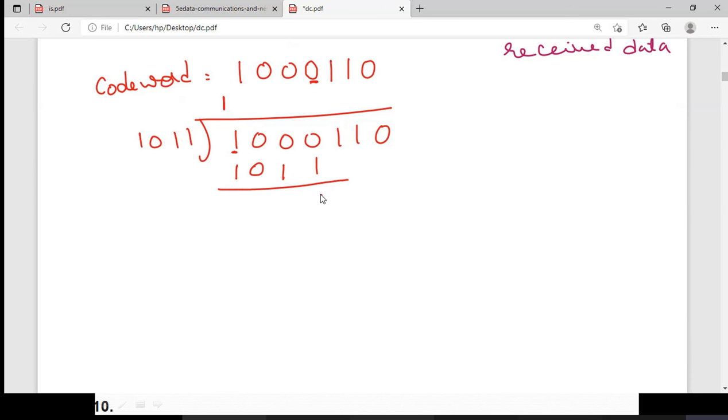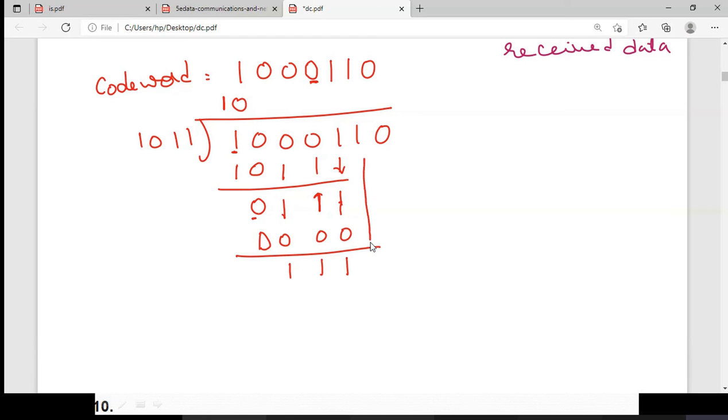Now perform the XOR. It is going to be 1 1 0. Take the next bit here, it is 1. What is the leftmost bit? It is 0. So add 0 to the quotient, 0 into the divisor. You are going to get all bits 0. So 1 1 1.